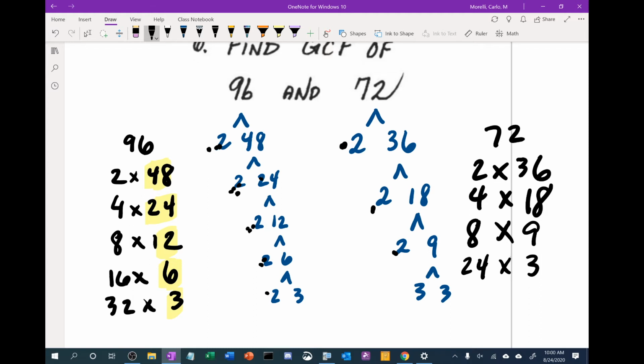Well, no, wait a minute. Yeah, see, the difficulty I'm having here is I'm missing one of my factor pairs, and it's disturbing me.